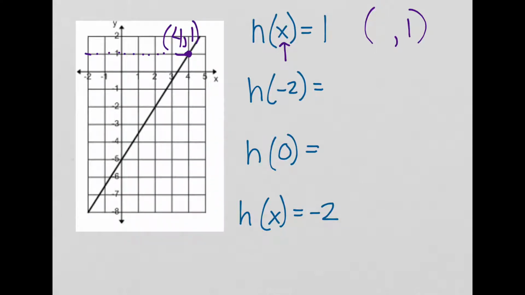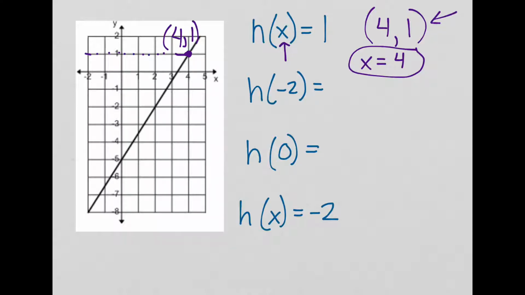There's no other place on my graph where the y coordinate is 1, so the x coordinate is 4. I want you to write out x equals 4. When h of x equals 1, you say x equals 4. I'm just writing this coordinate to help you make sense that we're looking at a point, but really the answer is that x equals 4.